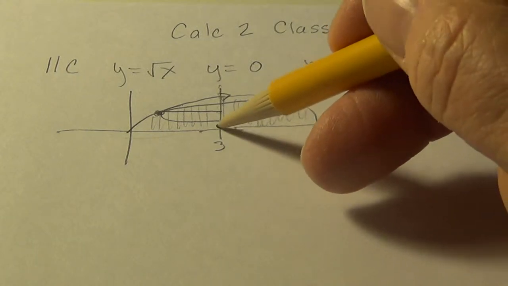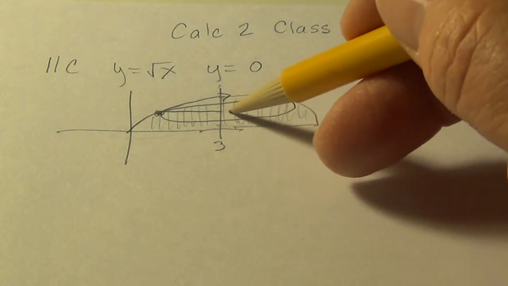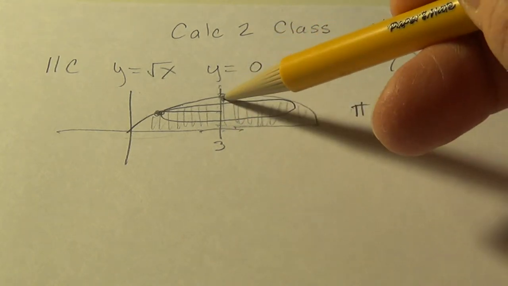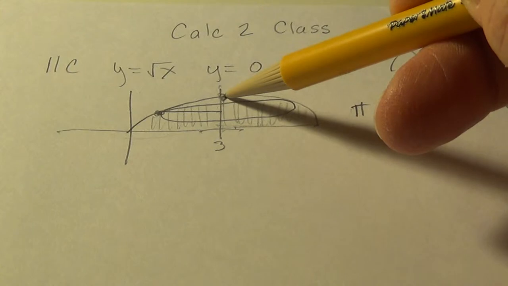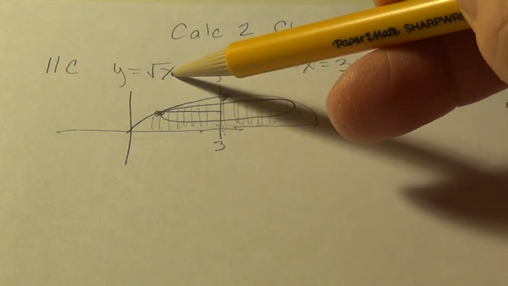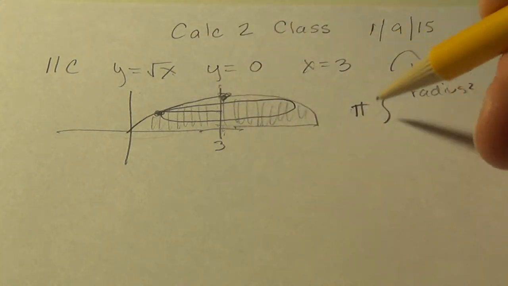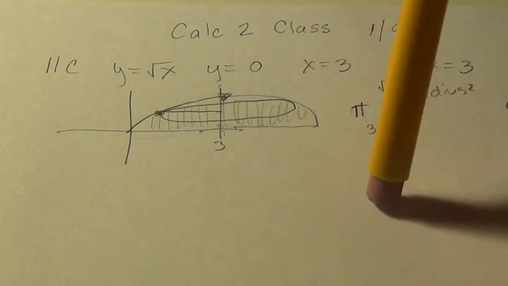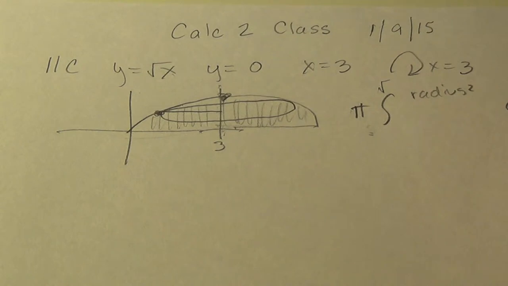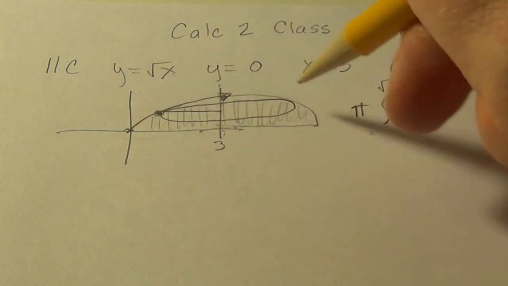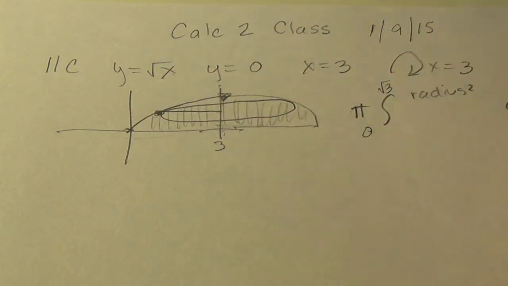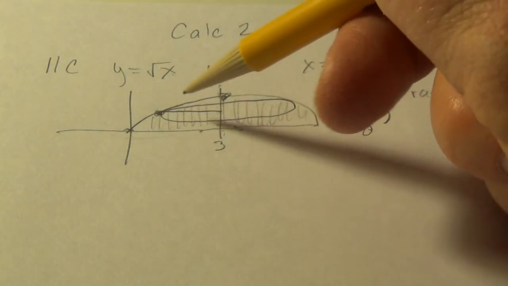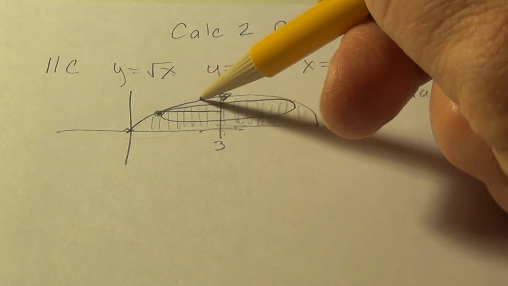We're going to stack these penny disks up from 0 to whatever this point is. If you need to know this point, you put the x value in the original function and you get square root of 3. So we're going to stack these up from y equals 0 to the square root of 3.